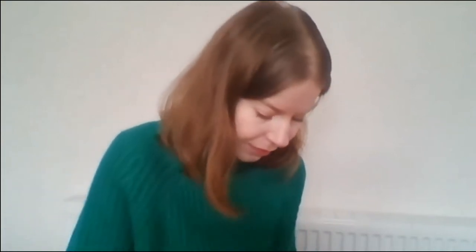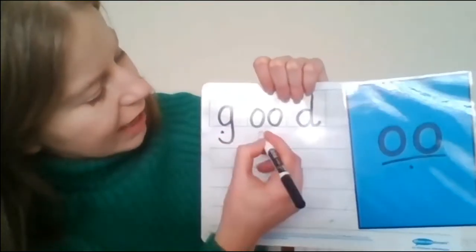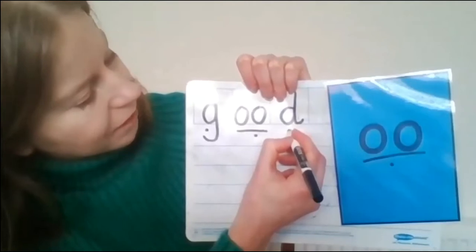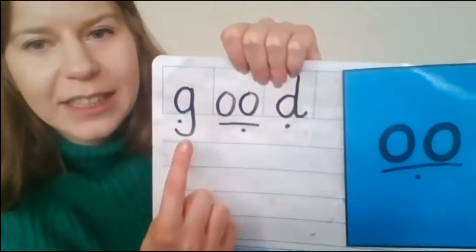Let's have a go at reading another word. Okay then everybody, I'm just adding in the sound buttons. Right, can we use our fingers to point at the first sound?